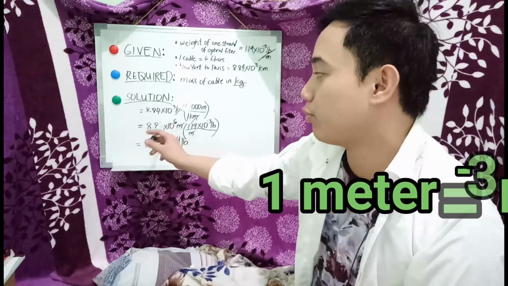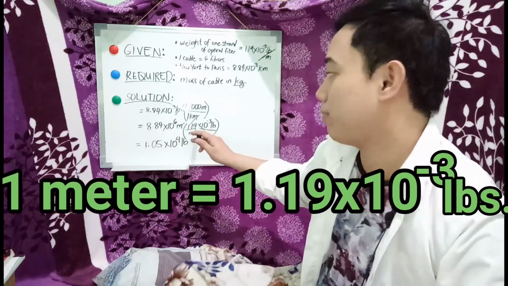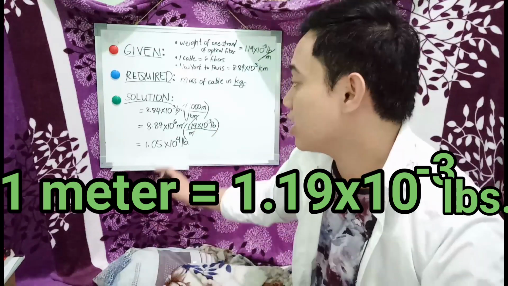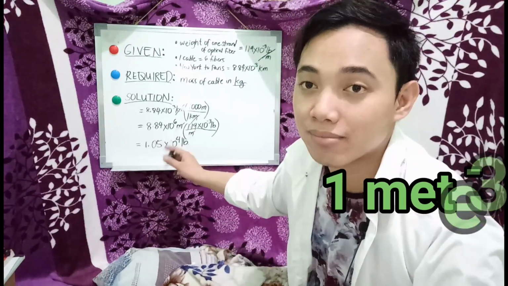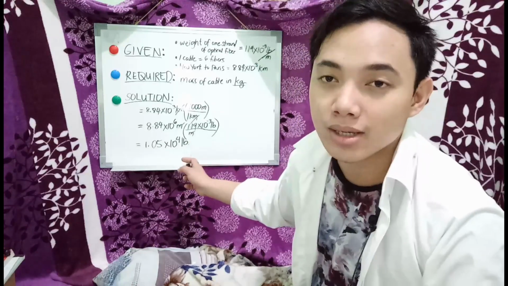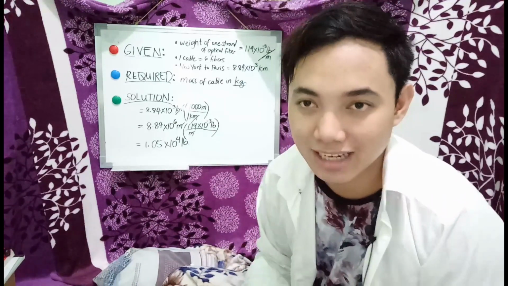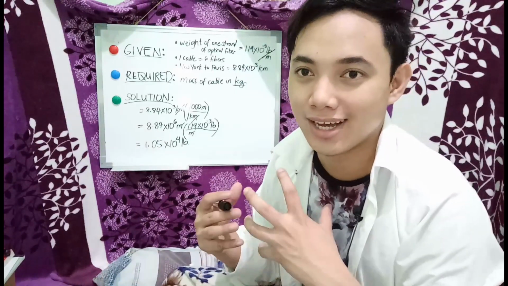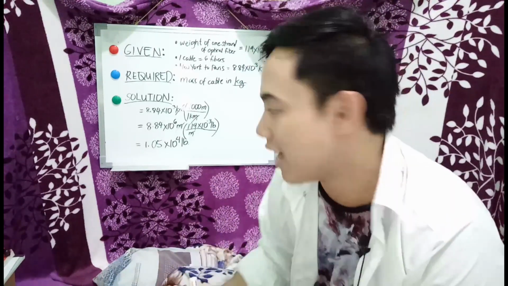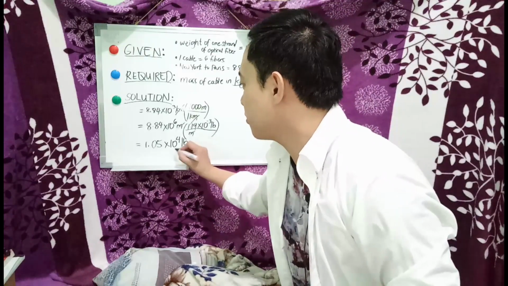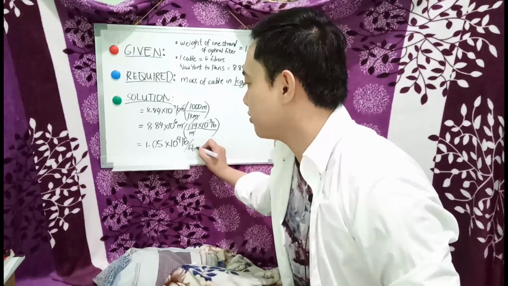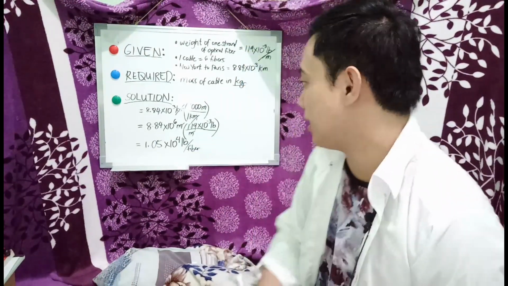So, 8.84 times 10 raised to the power of 6 multiplied by 1.19 times 10 raised to the power of negative 3 pound. Ang sagot niya is 1.05 times 10 raised to the power of 4 pound. Ito is per fiber. Ito yung timbang niya per optical fiber.